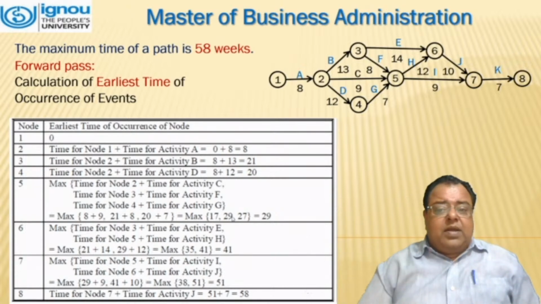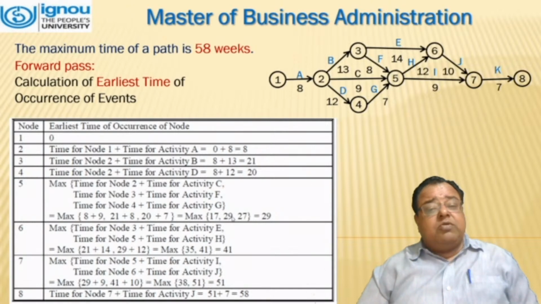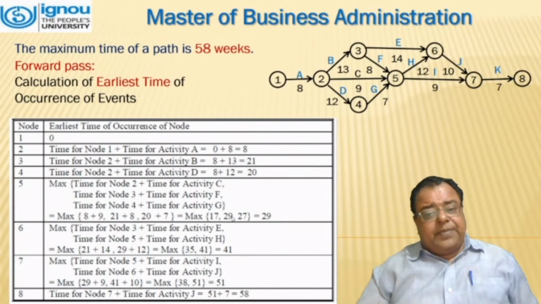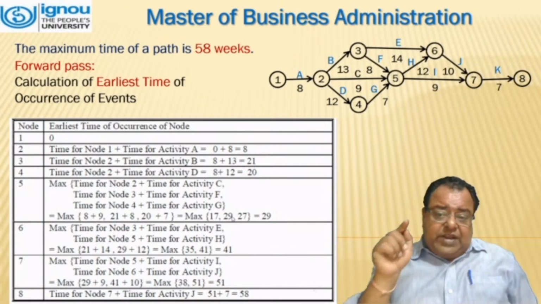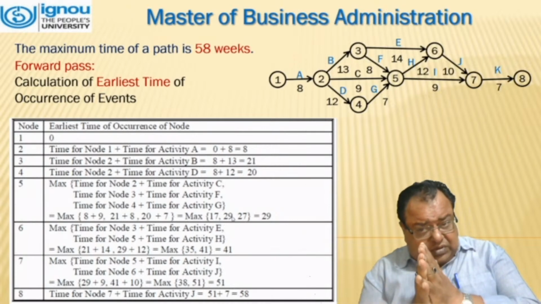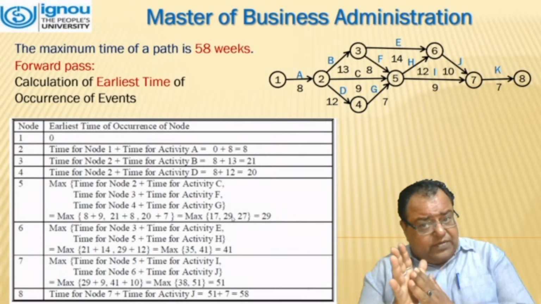Now we move to node 3. Node 3 is basically completion of time node 2 plus the activity time, which comes out to be 8 plus 13. That comes out to be 21. Now we have reached node 3. Node 4 is basically node 2 plus the time of D. That comes out to be 8 plus 12, that is 20. Now, when we have reached 5, we have three activities being performed at node 5.